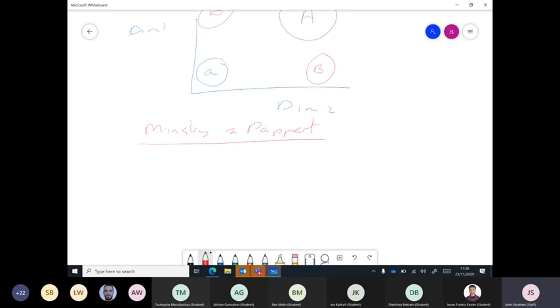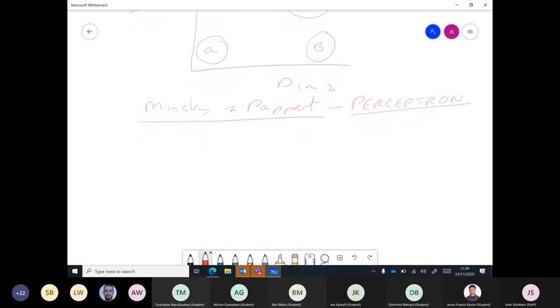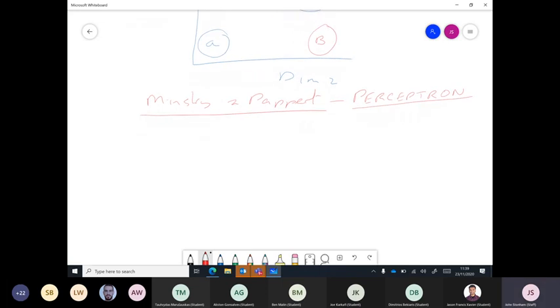Now, how do we solve the XOR problem? Oh, and incidentally, Minsky and Papert invented their own name for this neuron model, and they called it a perceptron, which has gone into the literature as the thing to name these devices. So if you see the word perceptron, it is a McCulloch-Pitts neuron. Right, solve it with a Phi machine.